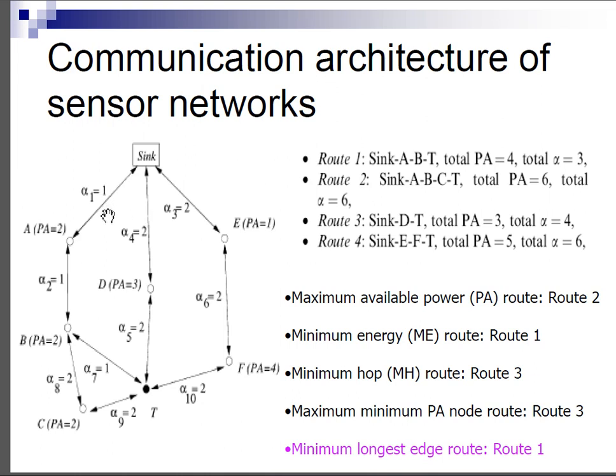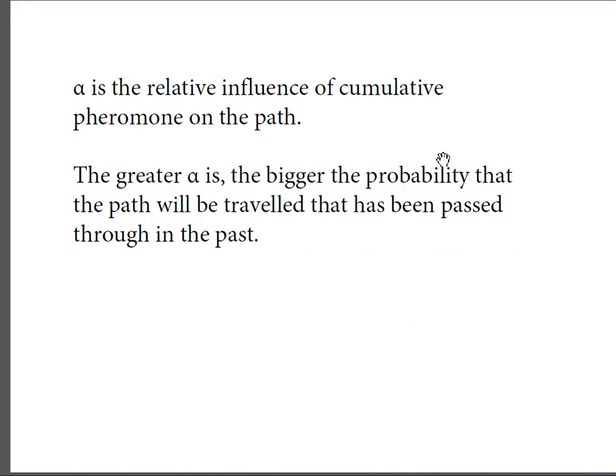Each route has an alpha. Let's say the first route's total alpha is equal to 3, number 2 is equal to 6. Alpha means the relative influence of cumulative phenomena on the path, meaning that the greater alpha is, the bigger the probability that the path will be traveled again.